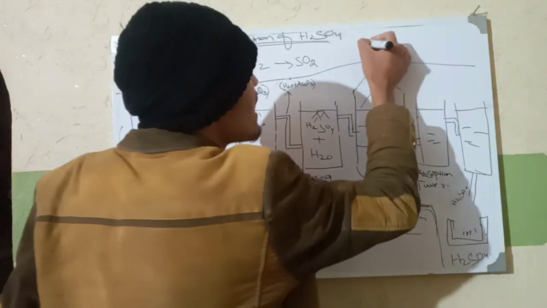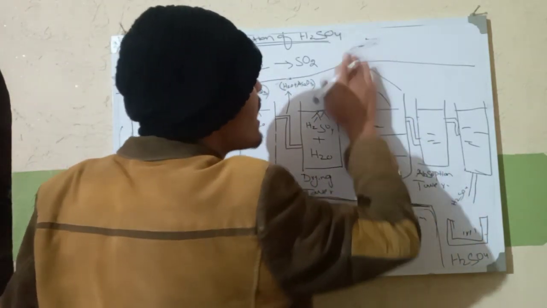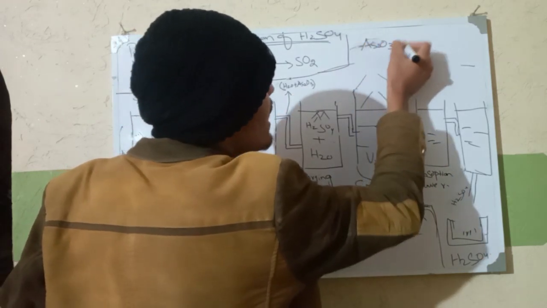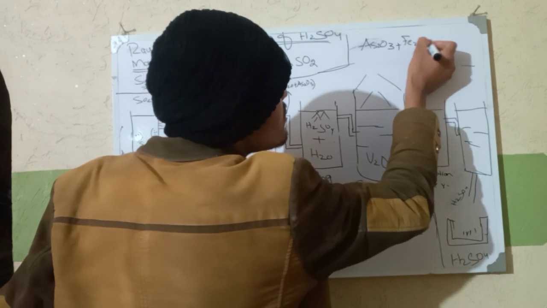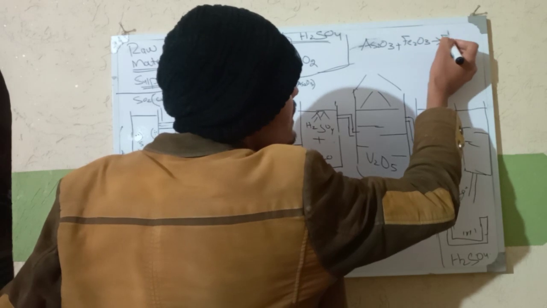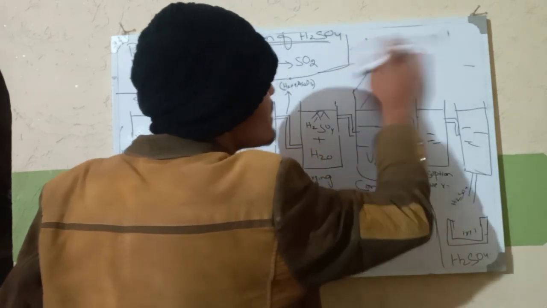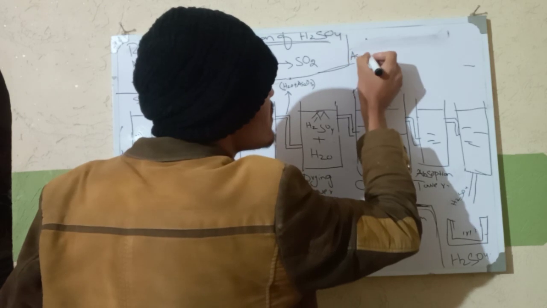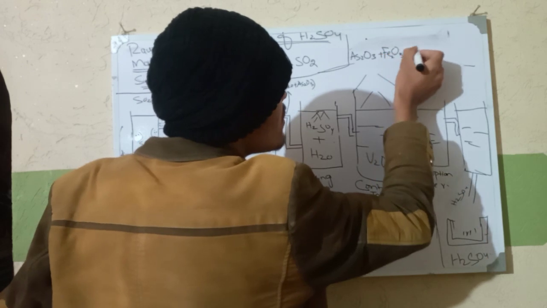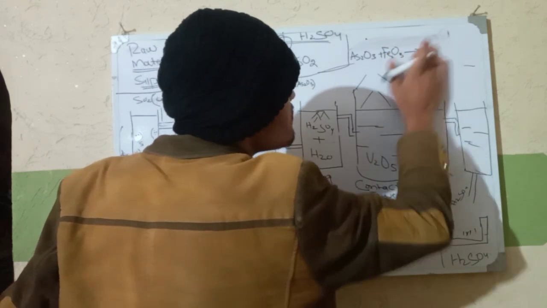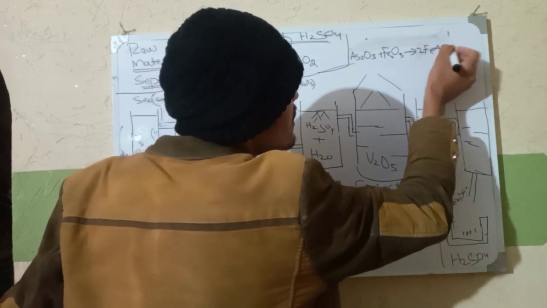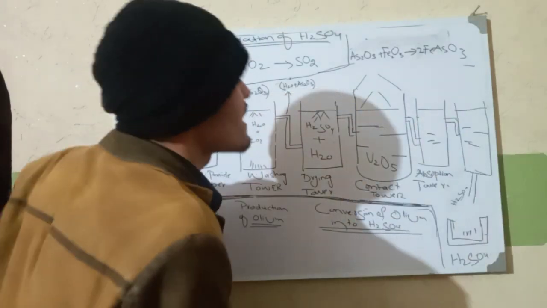Arsenic oxide reacts with iron oxide, Fe2O3, and forms iron arsenic oxide.